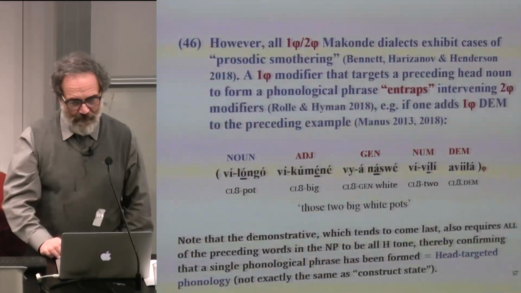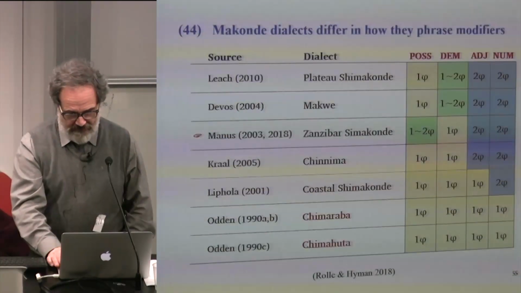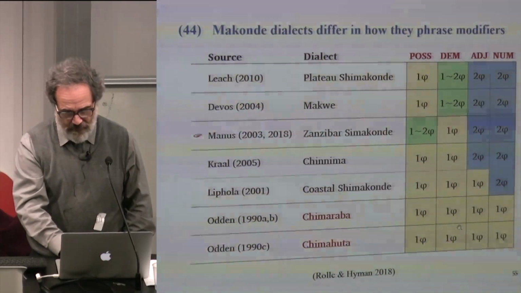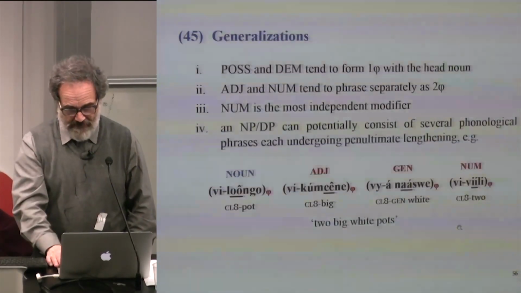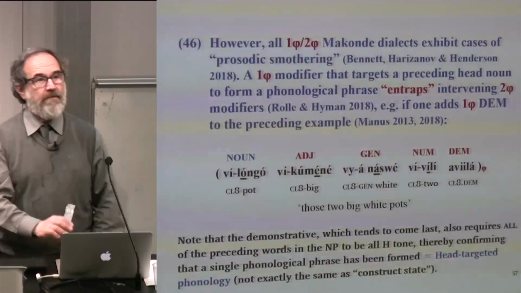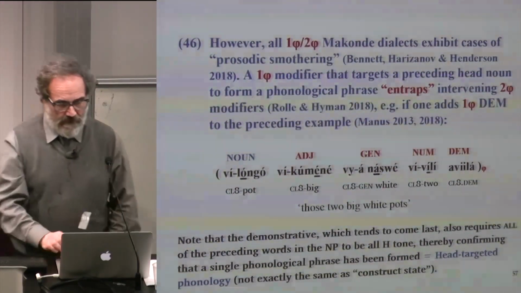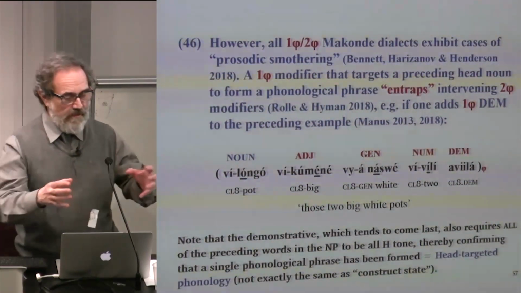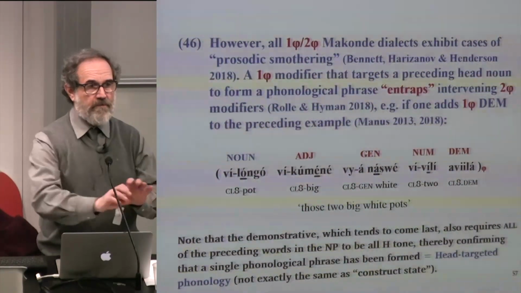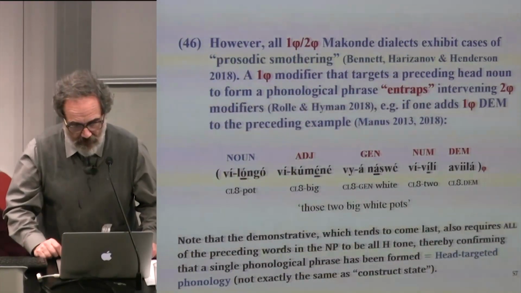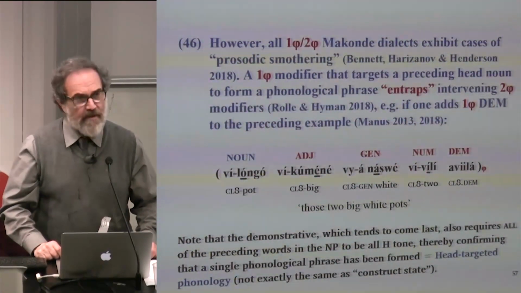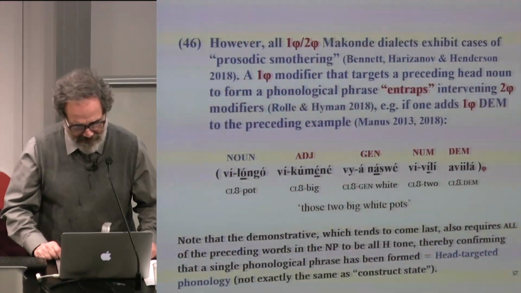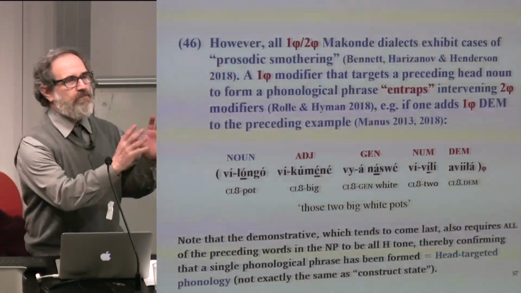However, all of the dialects, the ones that are here that have 1 versus 2, not these 2 on the bottom, where they're always glommed together, okay? All of the Makonde dialects that differentiate different kinds of modifiers, the ones that phrase with the head noun and the ones that don't phrase with the head noun, all exhibit this phenomenon of prosodic smothering, which I prefer to call entrapment.